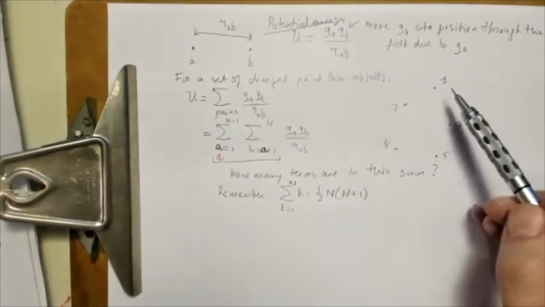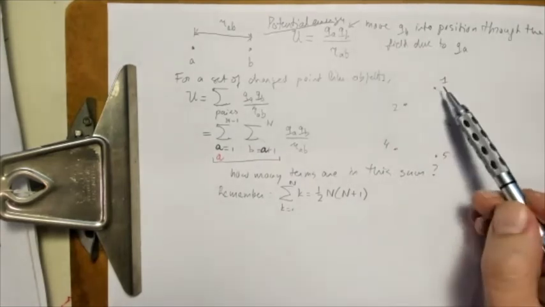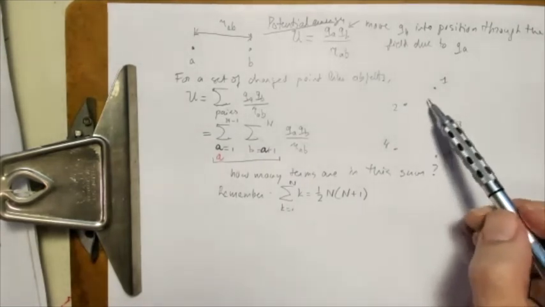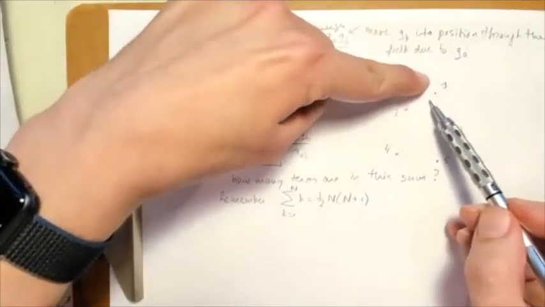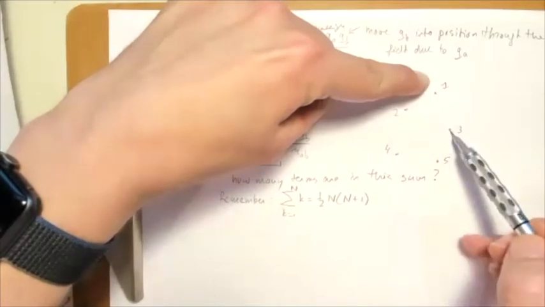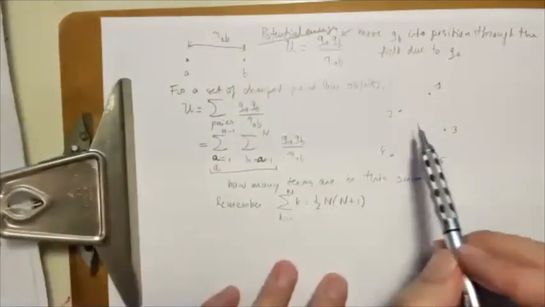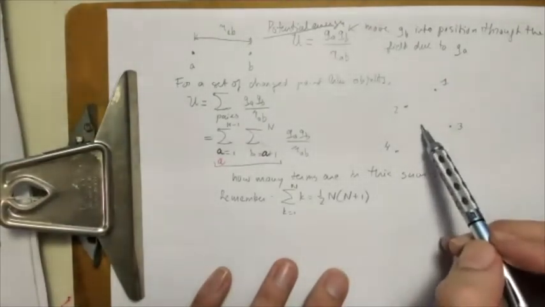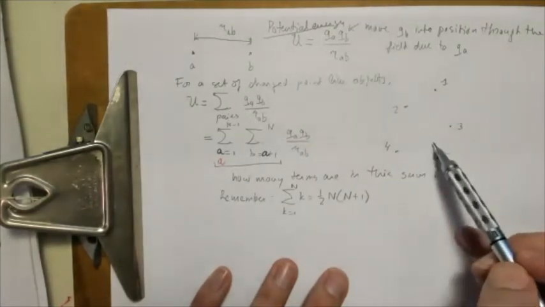Okay, so how do you do this? Well, if you start with, let's say, 3 charged objects, then it's 1, 2, 3 pairs, right? Because you start with the 1, and then you have 2 terms, 1 and 2, and then the 2, you have one last term left. So for 3 charged objects, you have to do a sum of 2 plus 1.